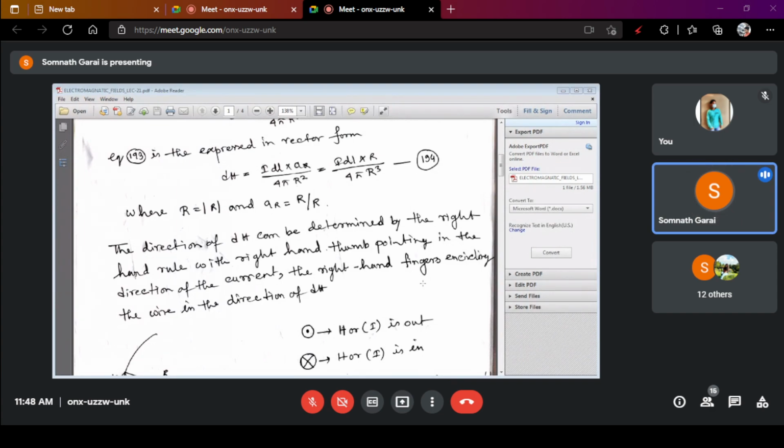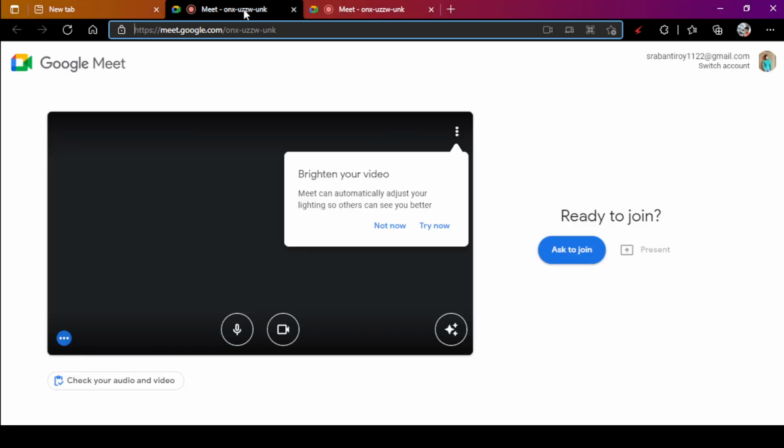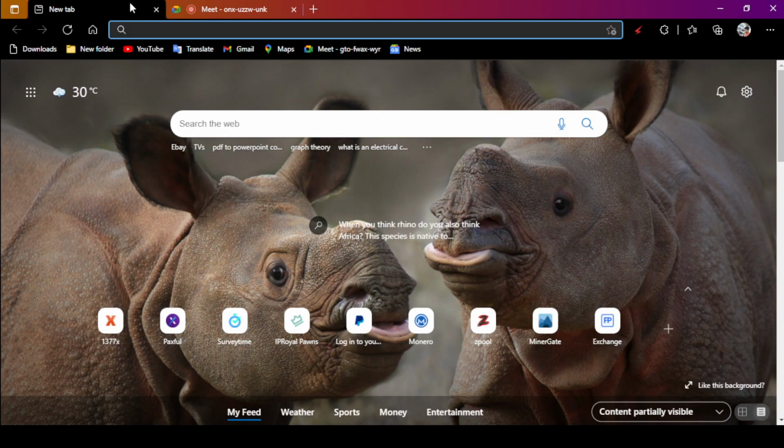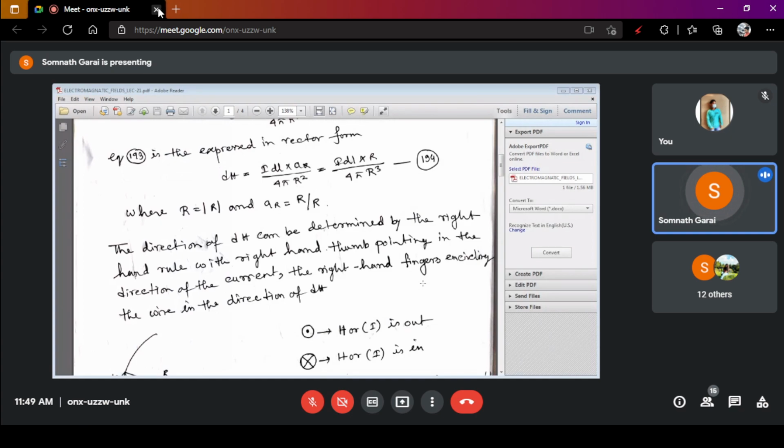That means if we draw it in this format, and that is the direction of the current, then the magnetic field forms circular regions around it. And remember, the direction of the magnetic field intensity dH is always in the phi direction.